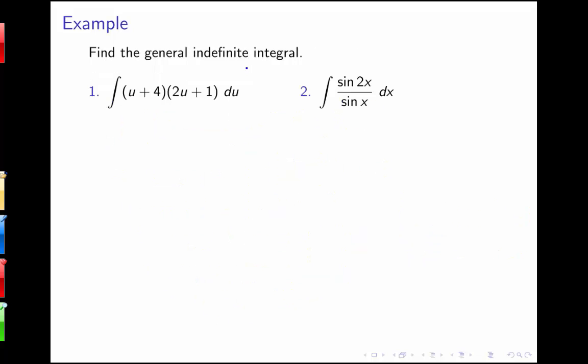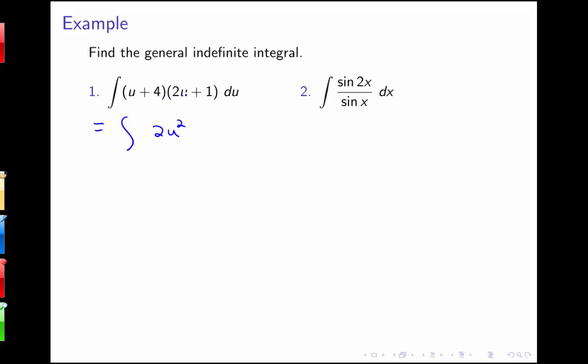Okay, so let's look at a couple more examples. So here we're interested in finding the general indefinite integral for both of these cases. So in the first one, I have the integral of u plus 4 times the quantity 2u plus 1. And I know that I should do some algebra first to expand that out, and then I can use antiderivative rules on each of the different terms. So I'm looking at 2u squared.